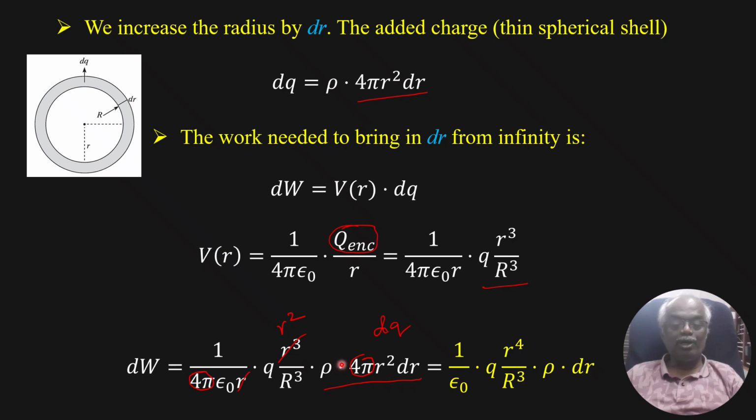Now here you have 1 over epsilon naught and q. Here you have r squared and another r squared is here.